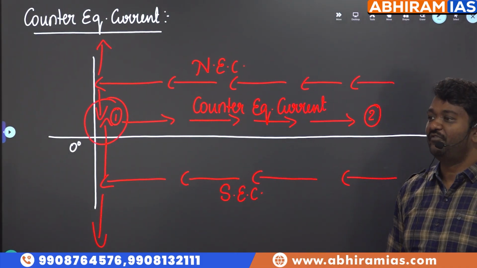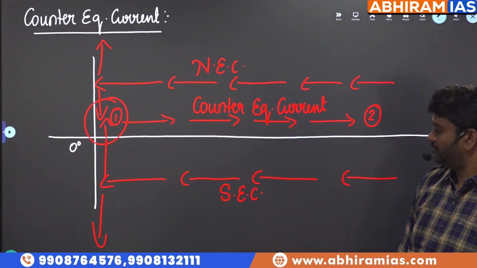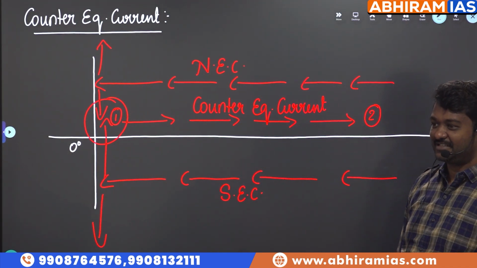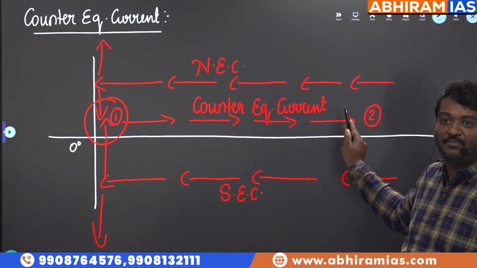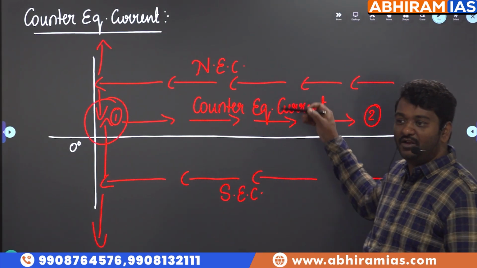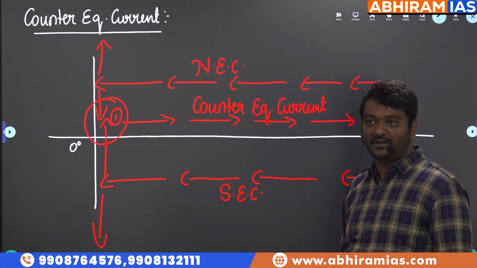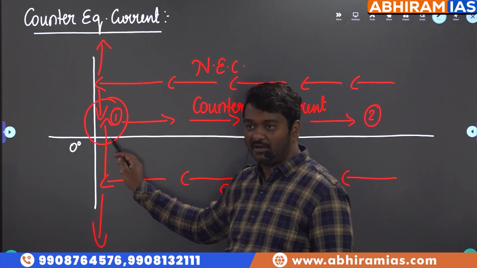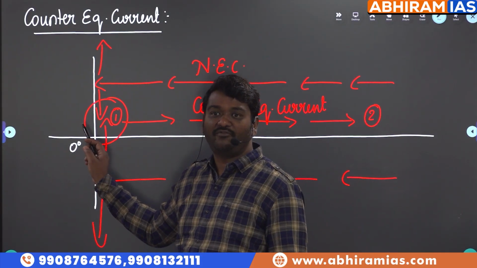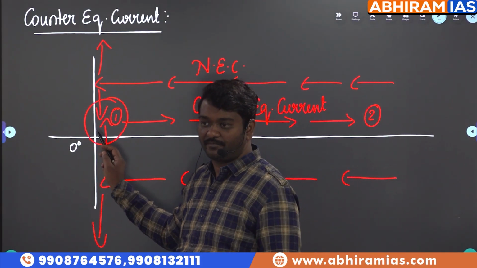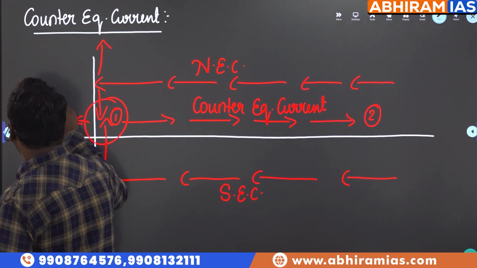It flows from where to where? West to east. And it is in between which two currents? North equatorial current and south equatorial current. What is the geographical term for this piling up of warm water?